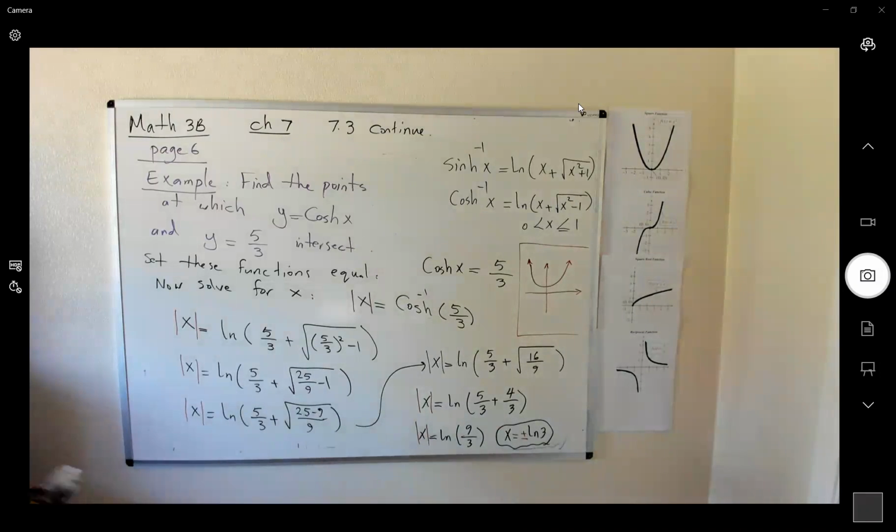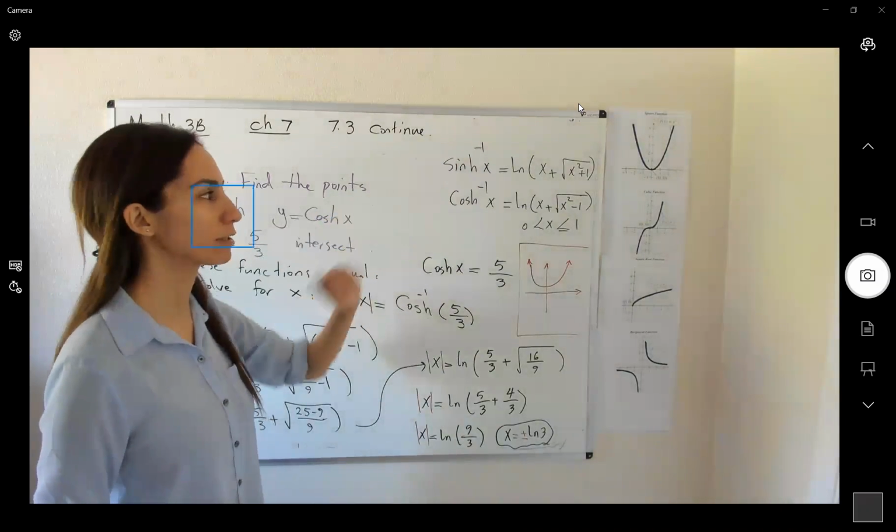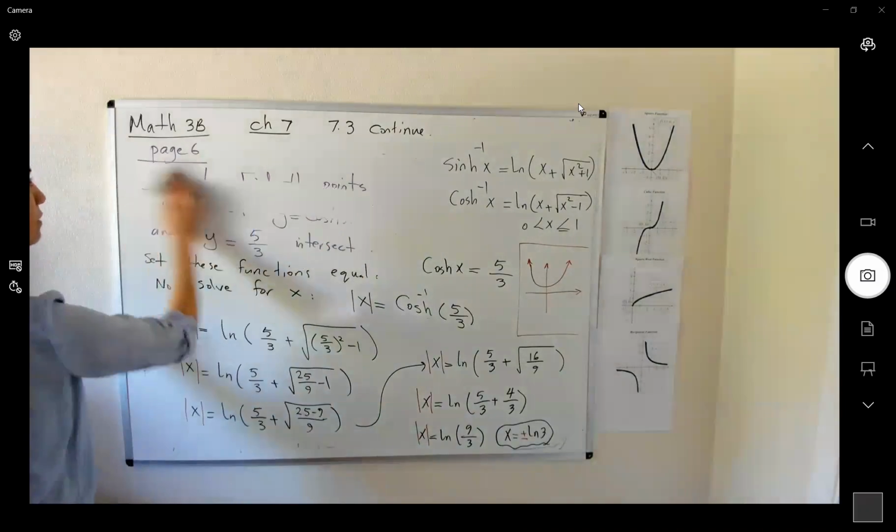Well, now that we have defined inverse hyperbolic sine and inverse hyperbolic cosine, we can take the derivative as well.